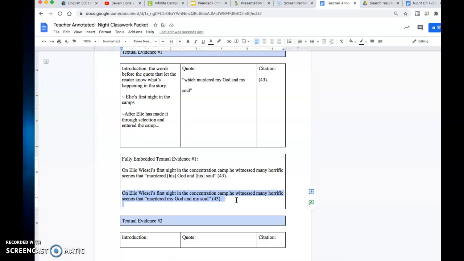The way that it sounds now sounds like it's murdering my God, Miss Miller's God, and we don't want that. So option 1 is working better. You can change these to fit the structure of your sentence as long as it doesn't change the meaning. For your CER paragraph, you would repeat this process twice and have 2 pieces of textual evidence.